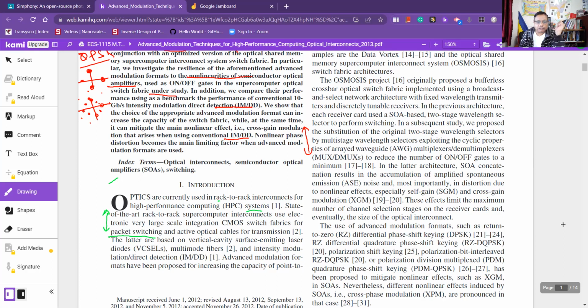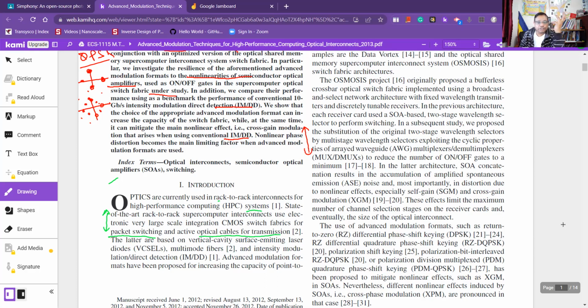The latter are based on vertical cavity surface emitting laser diodes, multi-mode fibers, and an intensity modulation direct detection scheme. The latter means the communication that takes place through the fiber. We have a transmitter and a receiver, and they are connected through the fiber. Generally these happen to be relatively long transmissions.